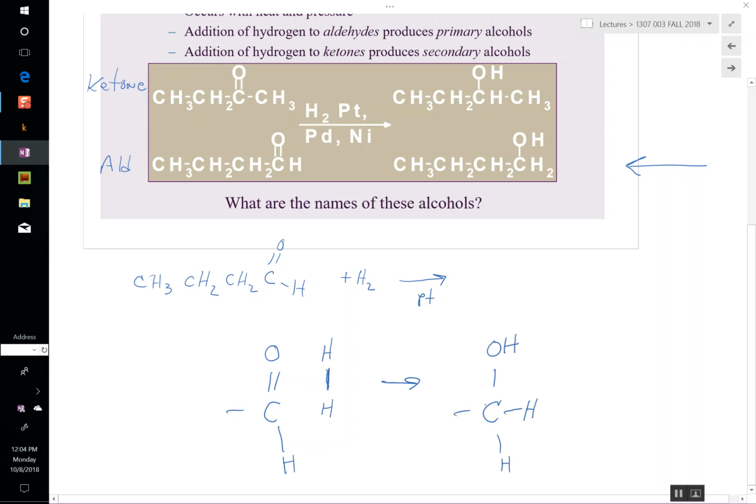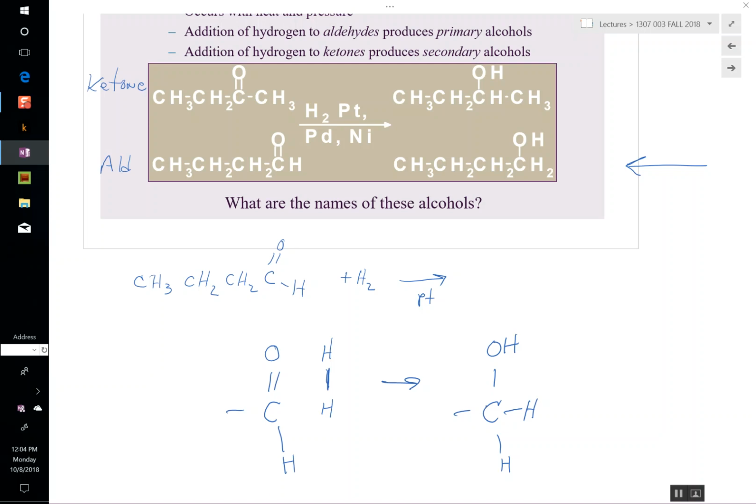Can we get water and alcohol? No, we don't get water. We get an alcohol. Okay? We're not getting any water. This is hydrogen. That H is going on there, and this H is going on there. So we get an alcohol.